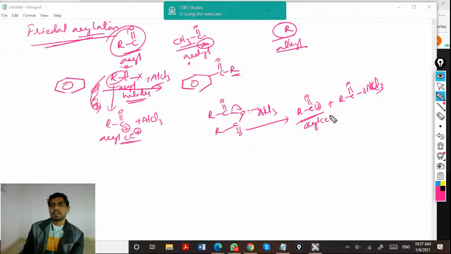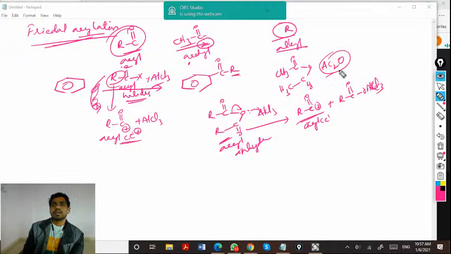There are two different ways. You can also use acetic anhydride, which we generally represent as Ac2O, where Ac means the acetyl group.